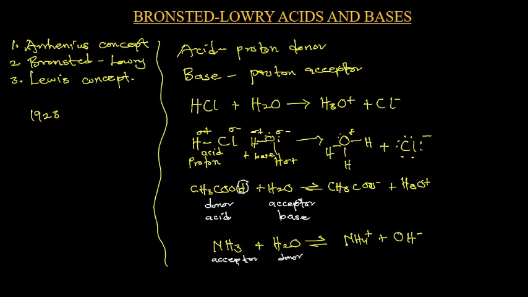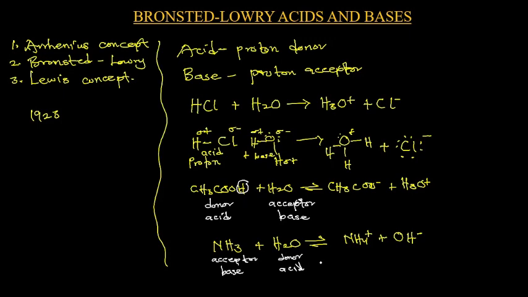So this one has taken the proton and becomes NH4 plus. Now, the water molecule has two hydrogens. When it loses one, it's left with one. So that's what we are seeing here. It is OH minus. So we can see that the base is the ammonia, and in this case, the acid is the water. So that is the Bronsted Lowry concept of acid and base.